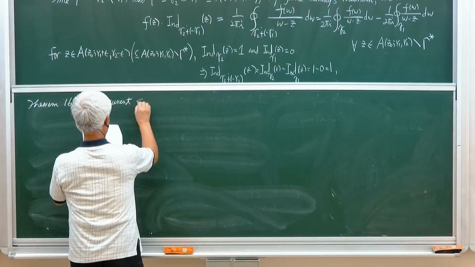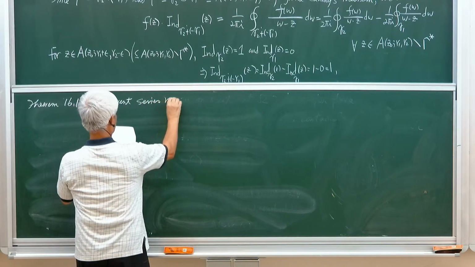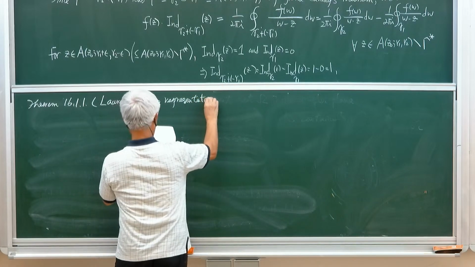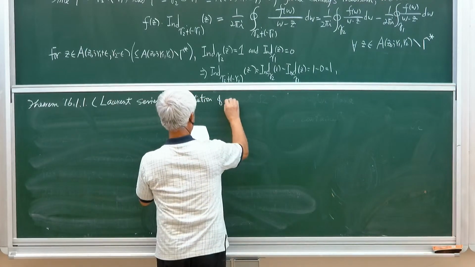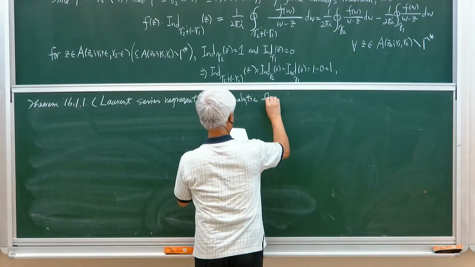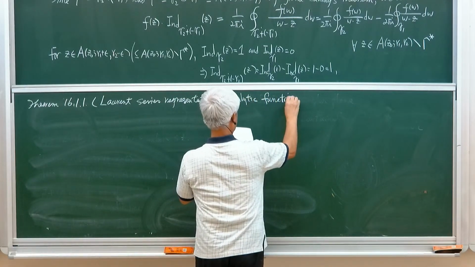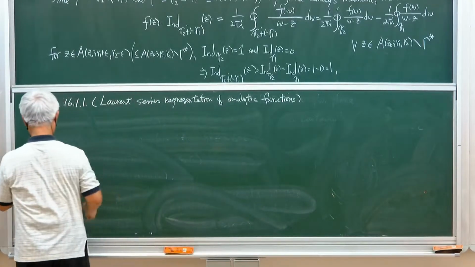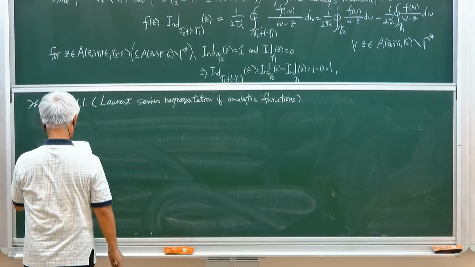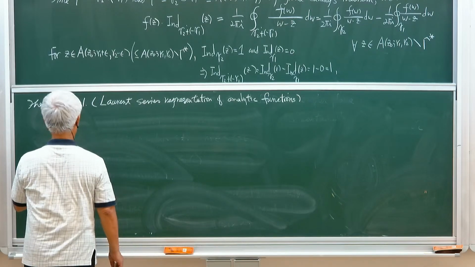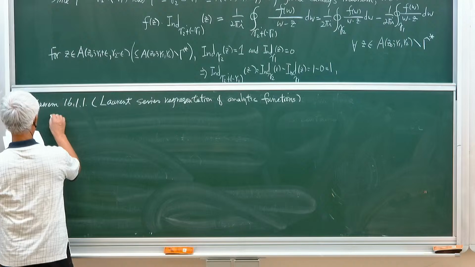It's called the Laurent series representation of an analytic function. The statement is easy.